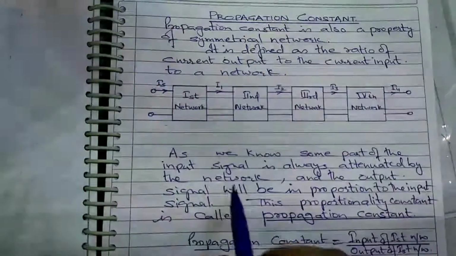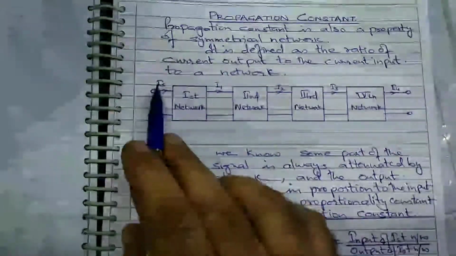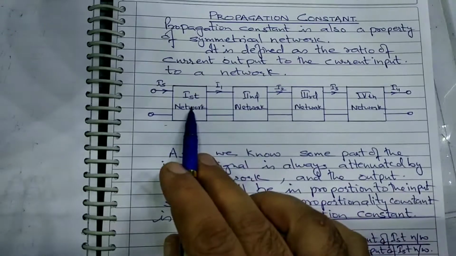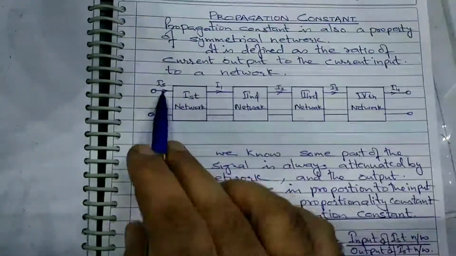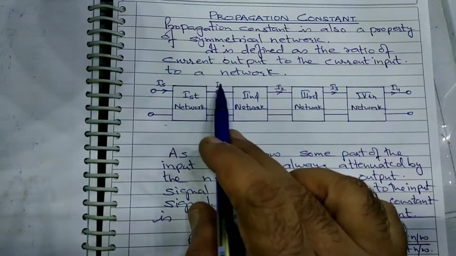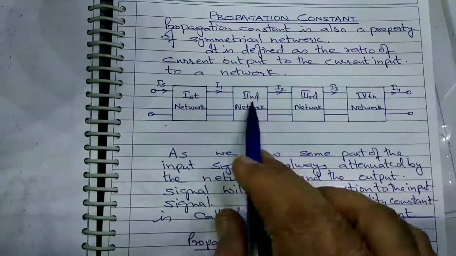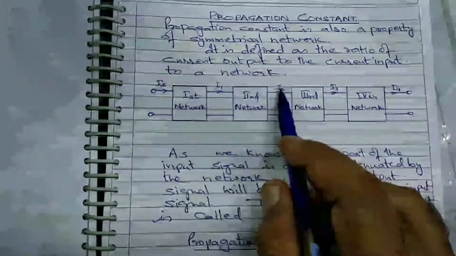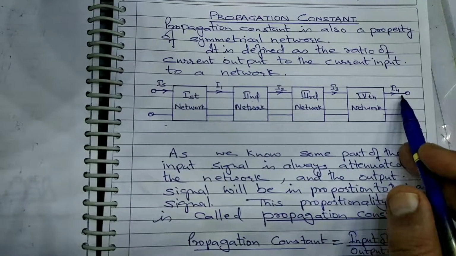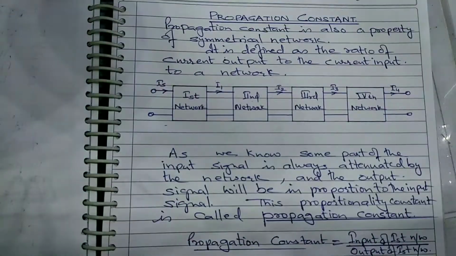They are cascaded. Now this IS is the input to the first network, where I1 is the output from the first network. So IS is the source current, I1 is the output of the first network. So I1 current is the input to second network, and we get the output from second network as I2. Similarly, it goes up to N networks.